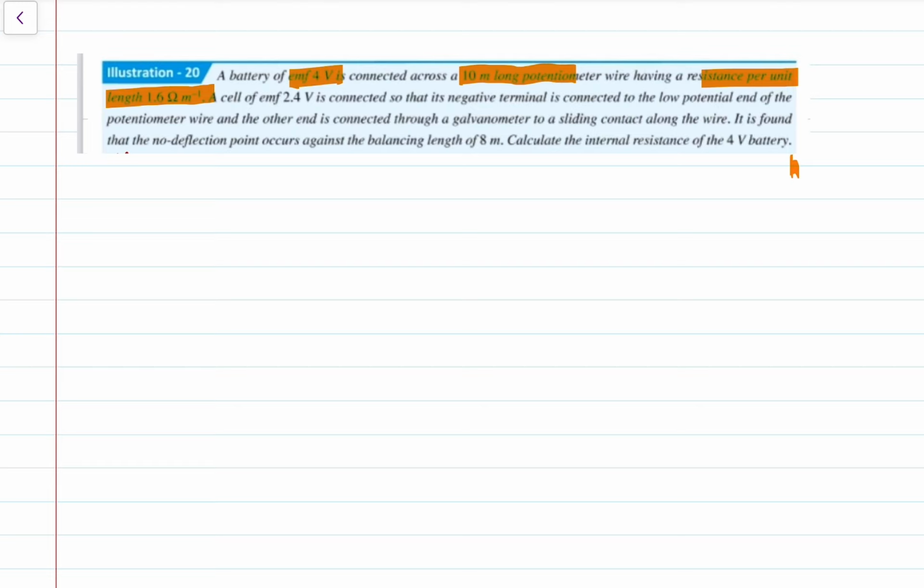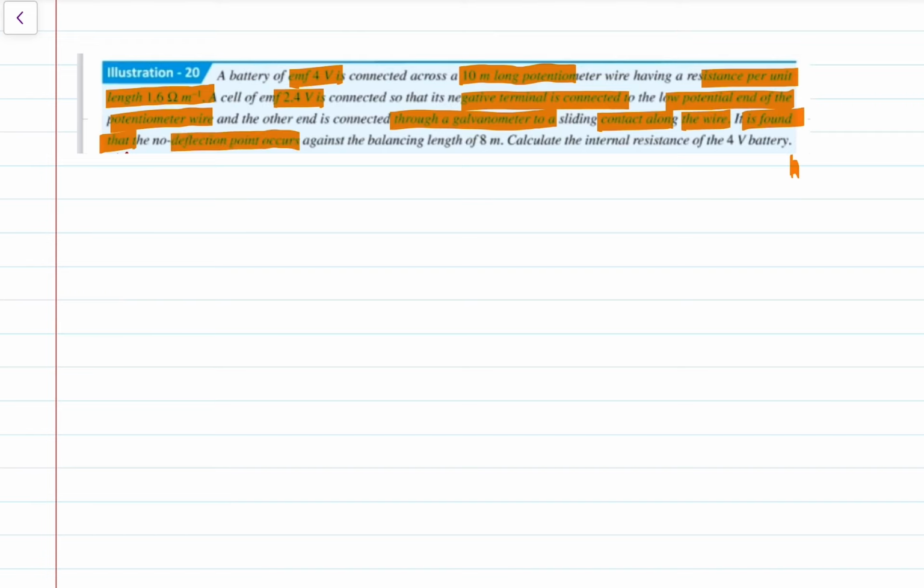A cell of EMF 2.4 volt is connected so that its negative terminal is connected to low potential end of the potentiometer wire and other end is connected through a galvanometer to sliding contact along the wire. Okay, it is found that no deflection point occurs against the balancing length of 8 meter. Calculate the internal resistance of the 4 volt battery.